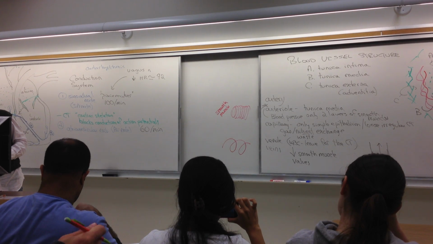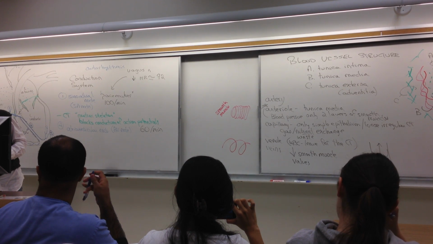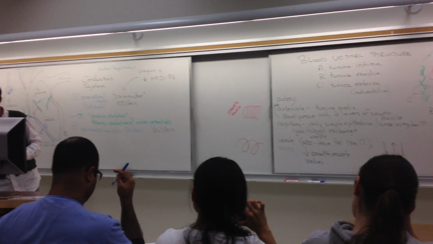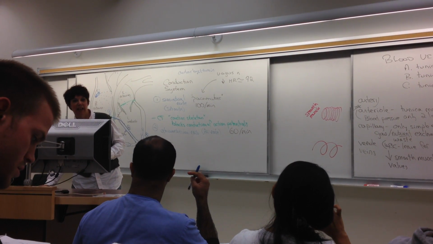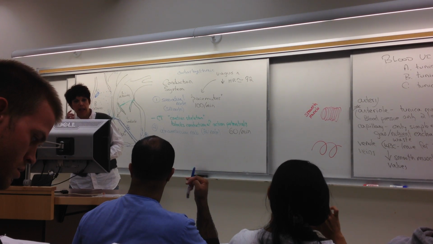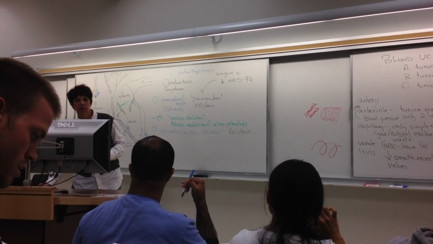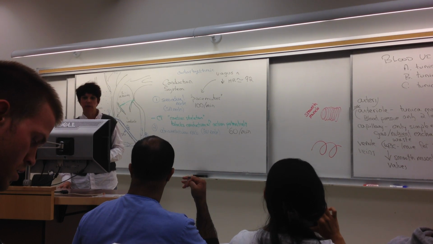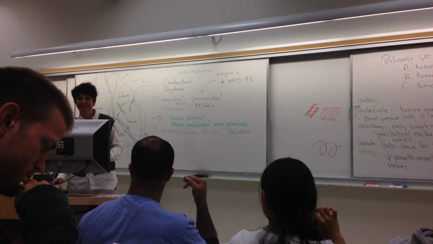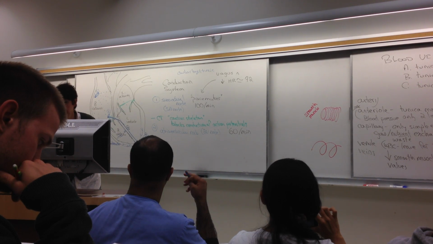And remember how I encouraged you to draw on your bodies the muscles that we were covering? It really helps if you do this with blood vessels as well. You just need to make sure that you use water-soluble ink.